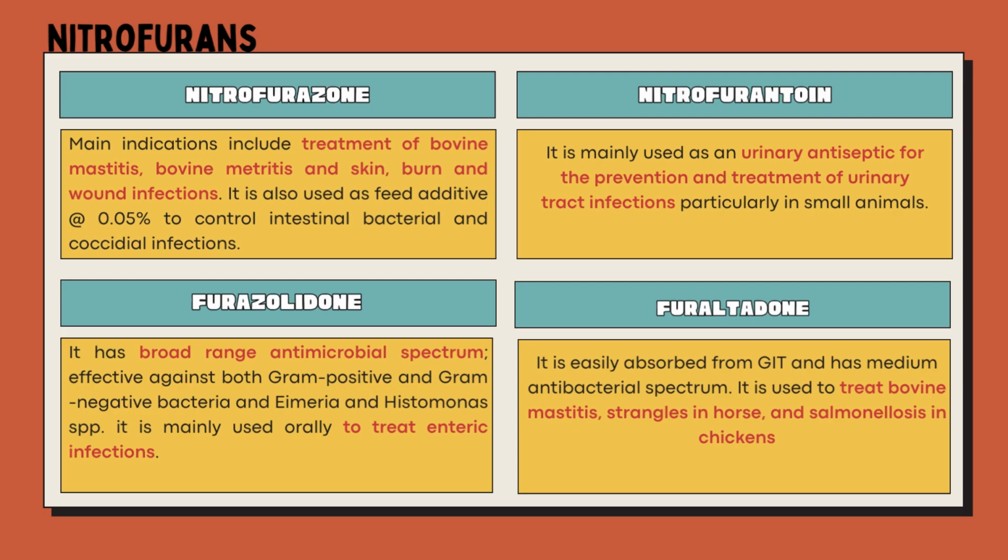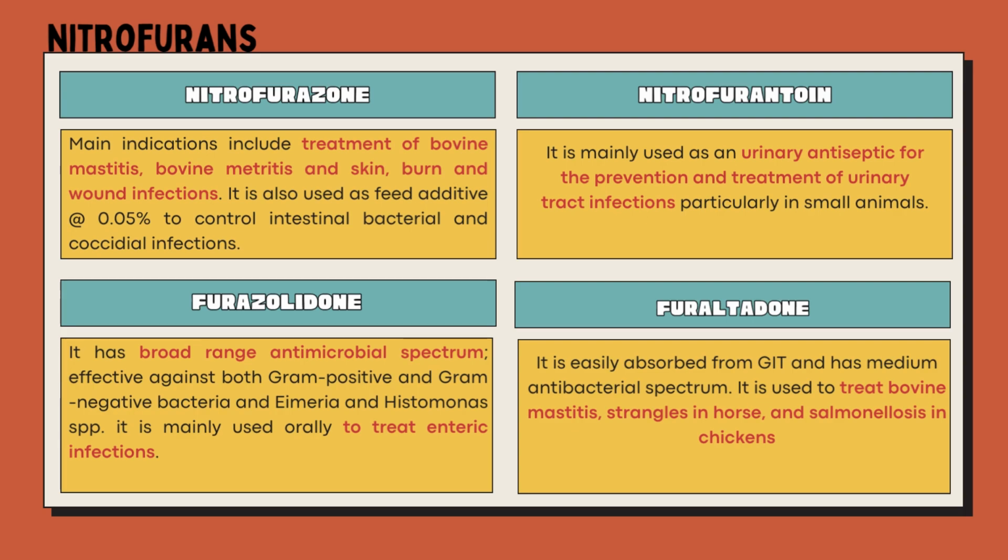Among nitrofurans, such agents also include nitrofurazone, whose main indications include treatment of bovine mastitis, bovine metritis, and skin, burn and wound infections. It is also used as a feed additive at 0.05% to control intestinal bacterial and coccidial infections.